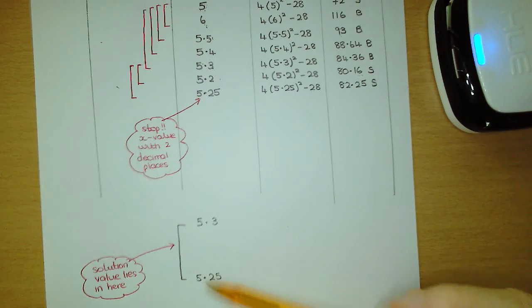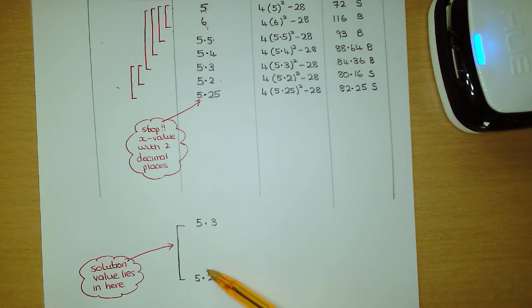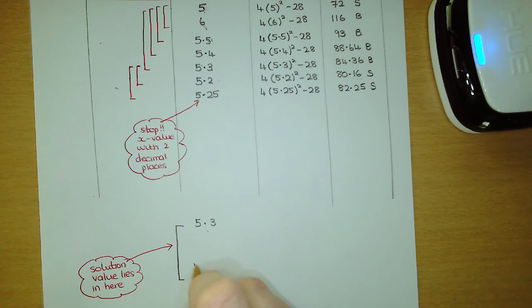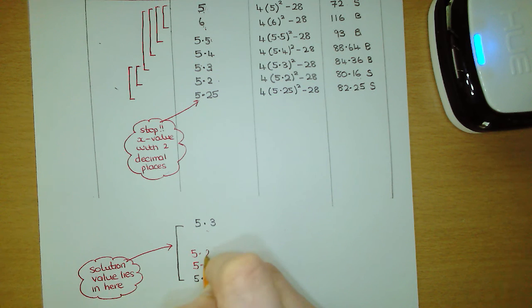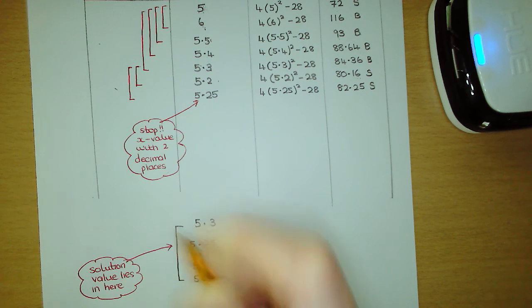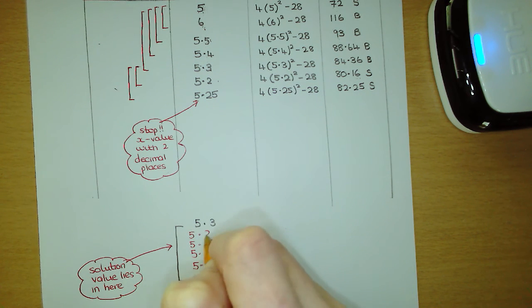So what we're going to do now is write down all the x values we can think of to 2 decimal places that lie between 5.25 and 5.3. So start from the smaller value in the gap. So after 5.25 we're going to have 5.26, 5.27, 5.28, 5.29.